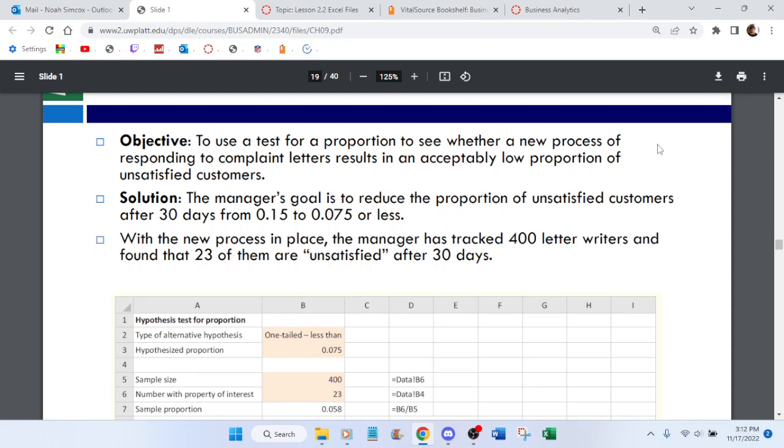Solution: the manager's goal is to reduce the proportion of unsatisfied customers after 30 days from 0.15 to 0.075 or less. With the new process in place, the manager has tracked 400 letter writers and found that 23 of them are unsatisfied.